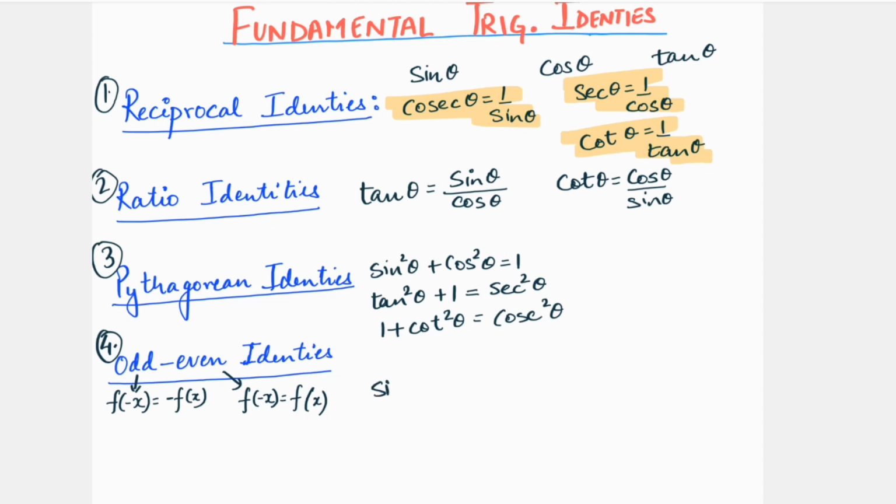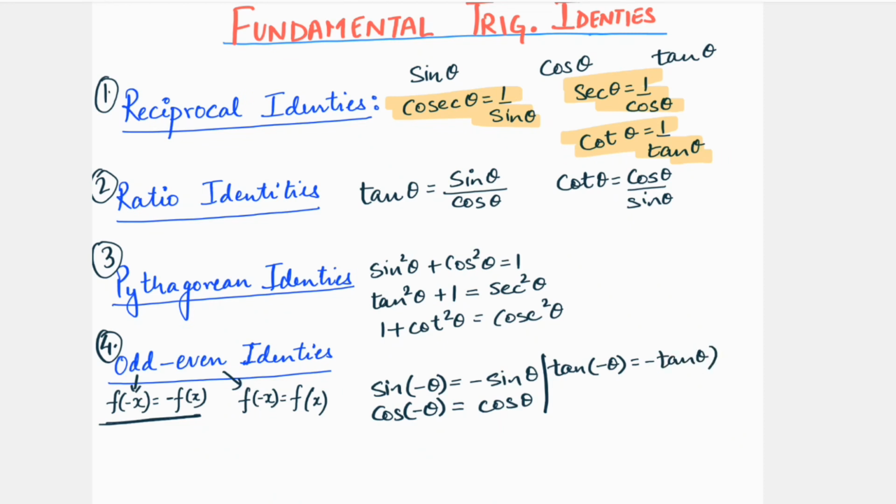So the first one is sine: sine of minus theta equals minus sine theta, and that makes it an odd identity. Cos of minus theta gives us cos theta, so that is an even identity. With tan, tan of minus theta gives us minus tan theta, so it is an odd identity.